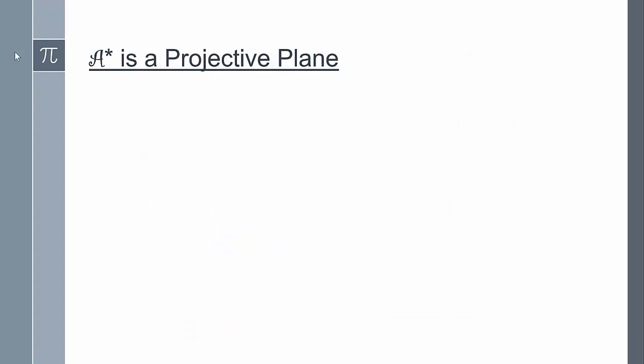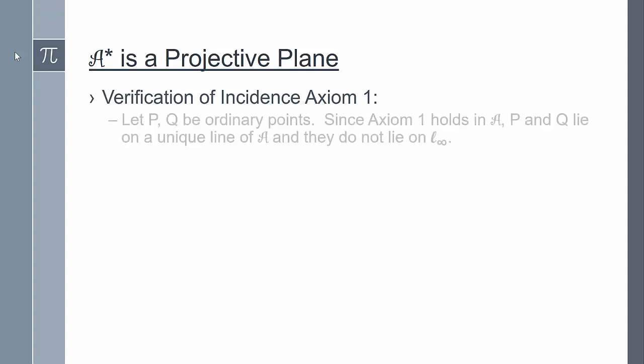To prove that A star is a projective plane, let's verify incidence axiom 1, which states that for any two distinct points, there's a unique line passing through them. If we let P and Q be ordinary points, we know that incidence axiom 1 already holds in the affine plane A. So P and Q lie on a unique line of A, and they do not lie on L infinity.